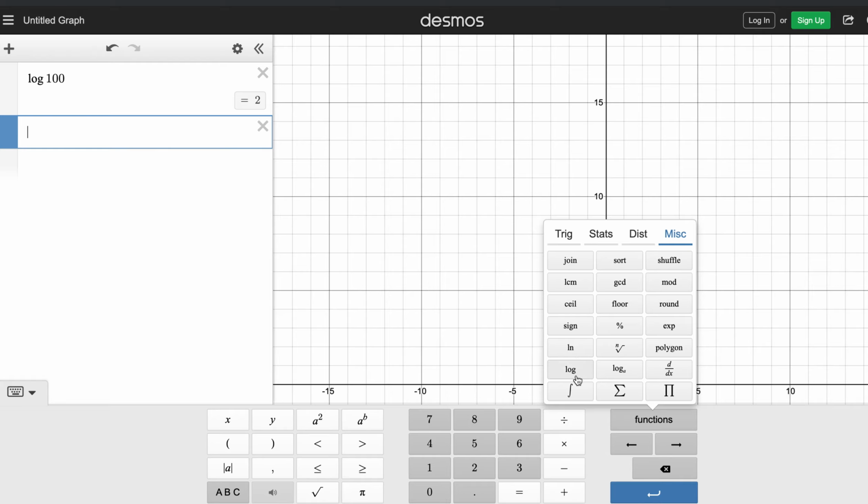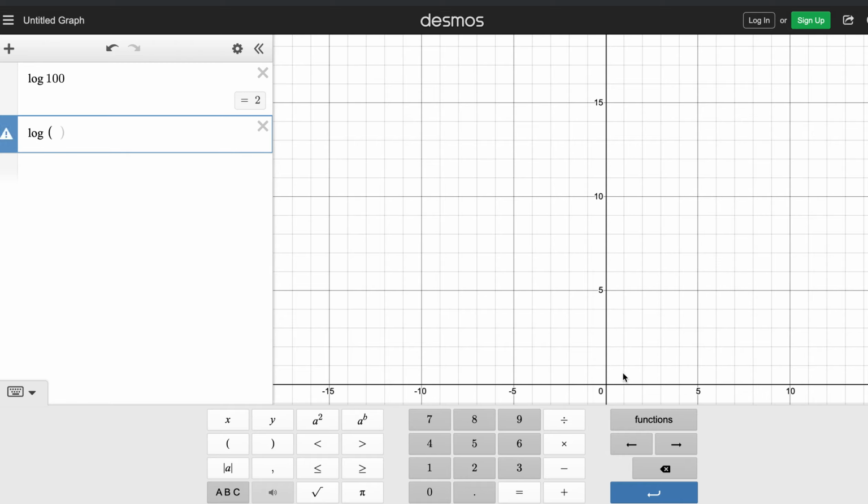Natural log, log base e, log base 10, and then log base, it's very hard to see, but that's a little a. So if you type that in, it does that subscript thingy, and that means that you could take the log base 3 of things like 81, which, well, all right, it wrecked the surprise, because as soon as I type it, I don't have to type equals or anything. It's kind of horrible. But that means 3 to the 4th equals 81.